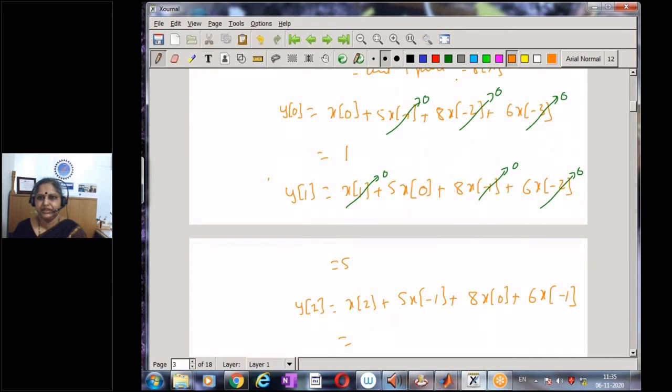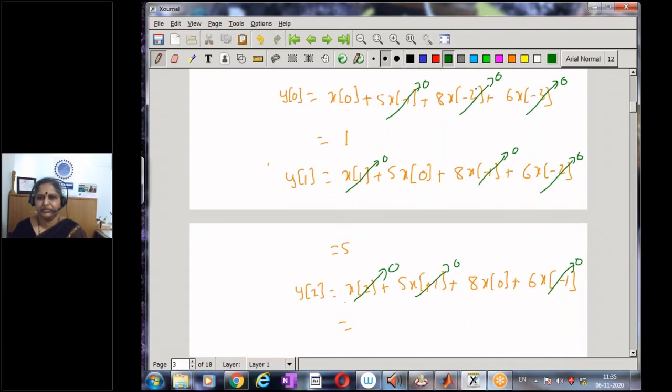So once again, all terms are 0. x of 2 is a 0, x of minus 1 is a 0. This is a plus 1, and x of minus 1 is also a 0. So what we get is, once again, y2 as 8.